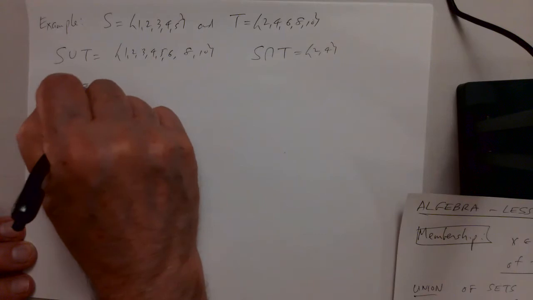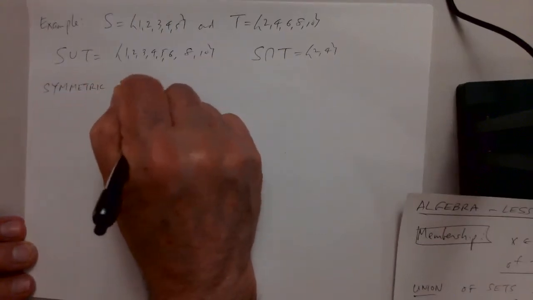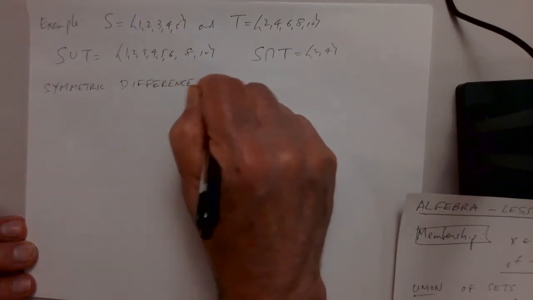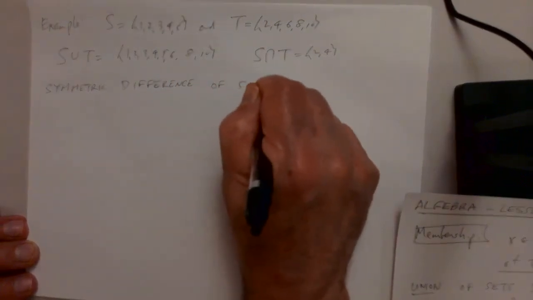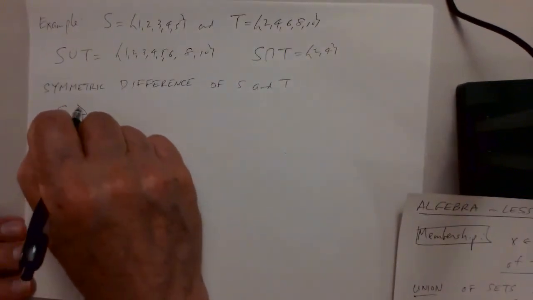There's also an operation which is often useful called the symmetric difference of S and T. We write that with a delta.